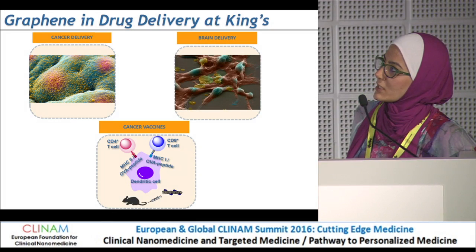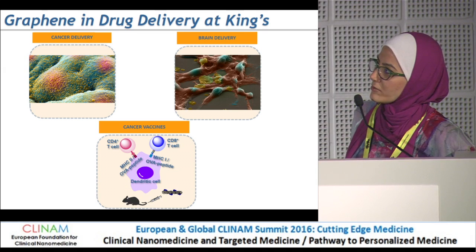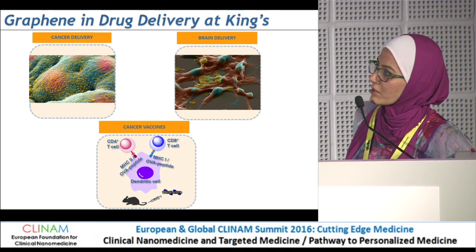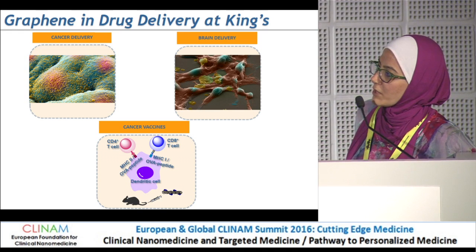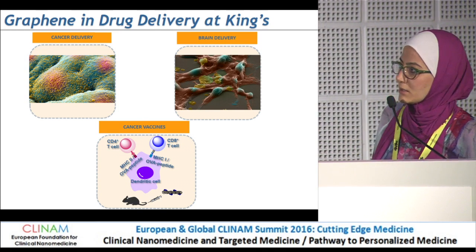It's mainly drug delivery, and we're interested in three main aims. One is cancer delivery. We're also working on using them to deliver drugs to brain cells and across the blood-brain barrier, and also as cancer vaccines, as delivery systems for antigens and adjuvants.